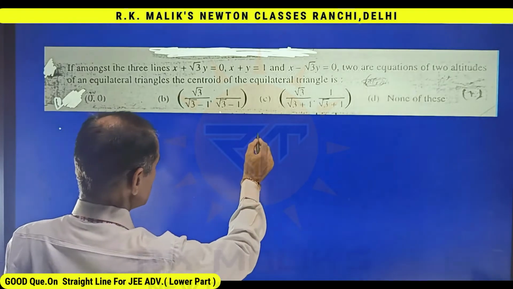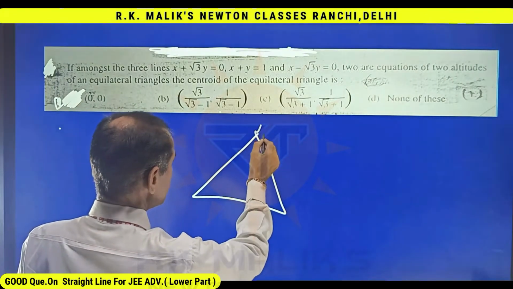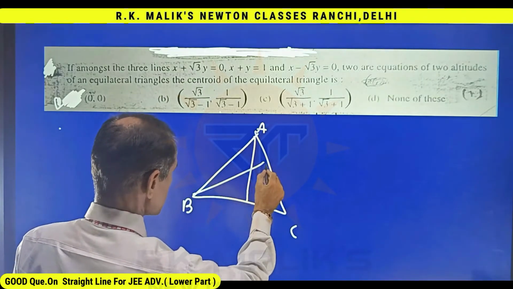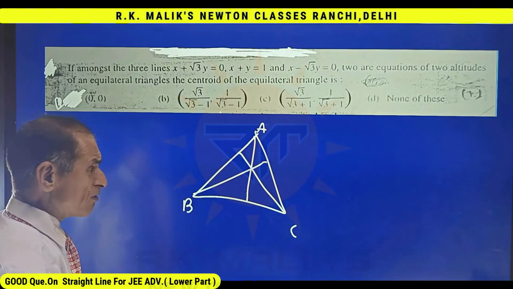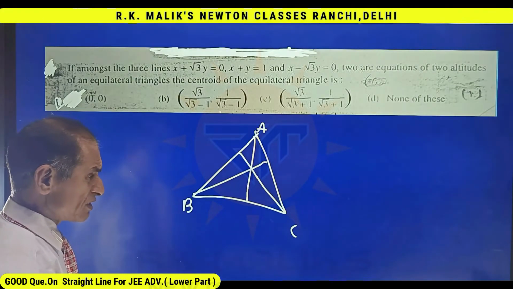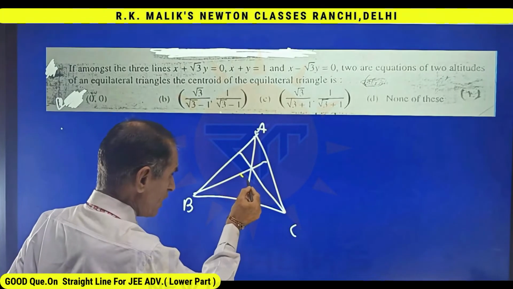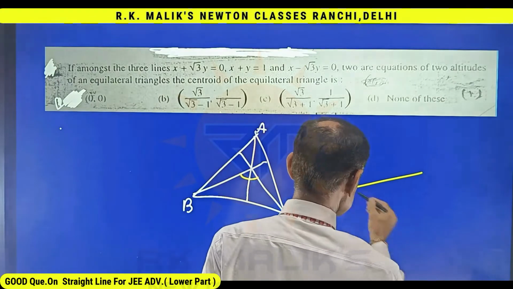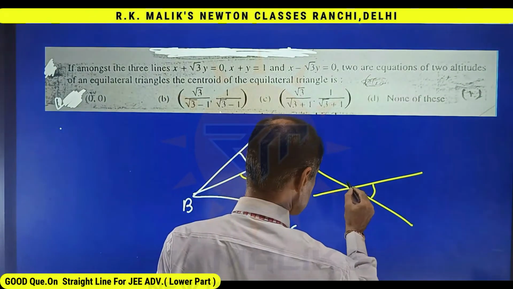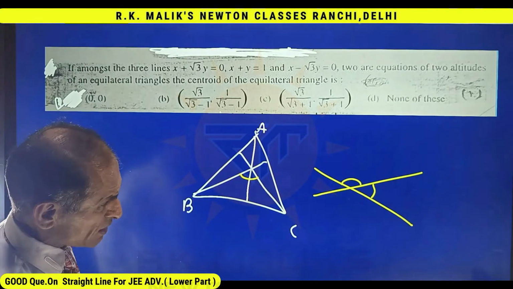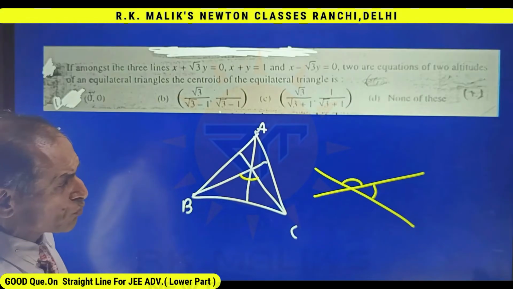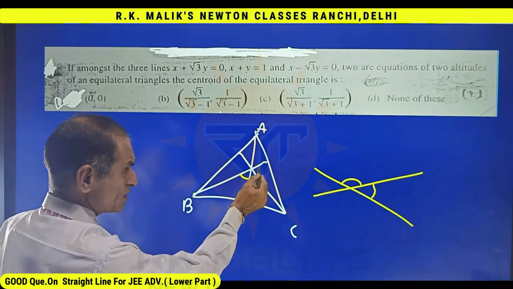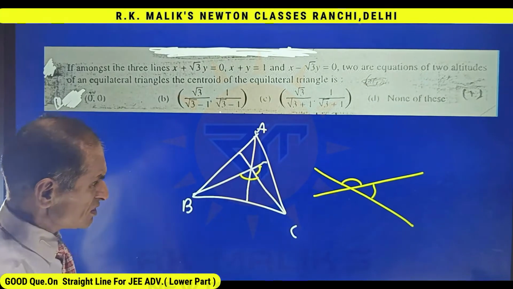It is clear that in the case of an equilateral triangle, looking here, I can say the angle between any two altitudes is 120, and as we know, this is an angle between two lines, this is also an angle between two lines, and actually angle between two lines means acute angle between two lines, and if this is 120, then this will surely be 60.